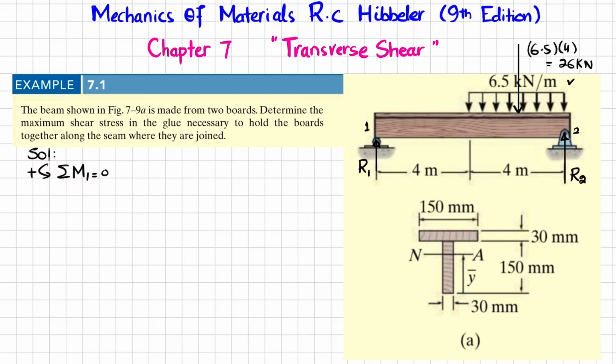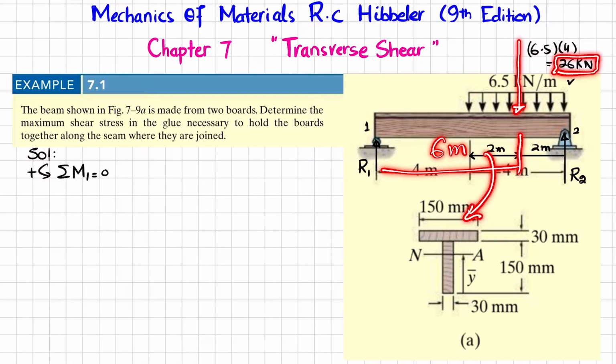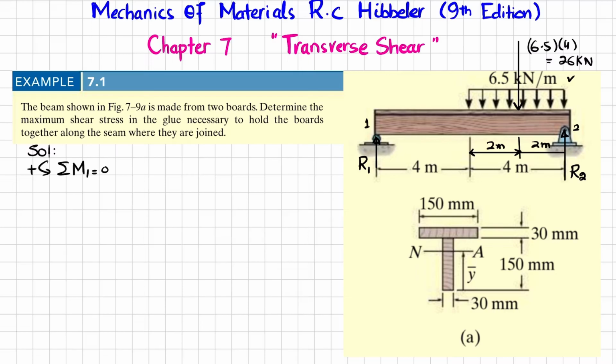Now this load will act at a distance of 2 meters from either side, so I can write 2 meter, and this will also be 2 meter. So by applying this equation of equilibrium, this load of 26 kilonewton has a perpendicular distance of 6 meter, and it is producing a clockwise moment, so it will be negative. So I can write minus 26 multiplied by 6.